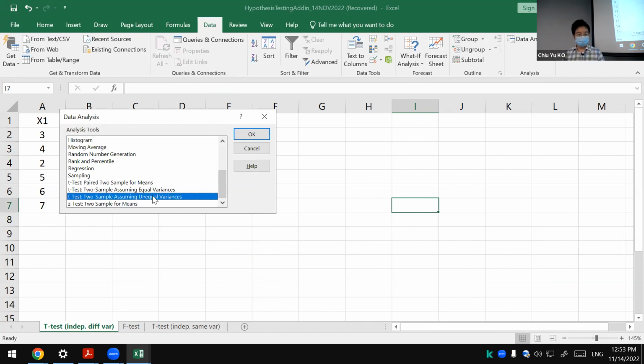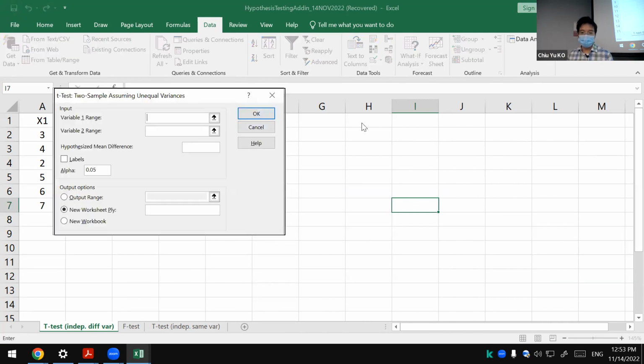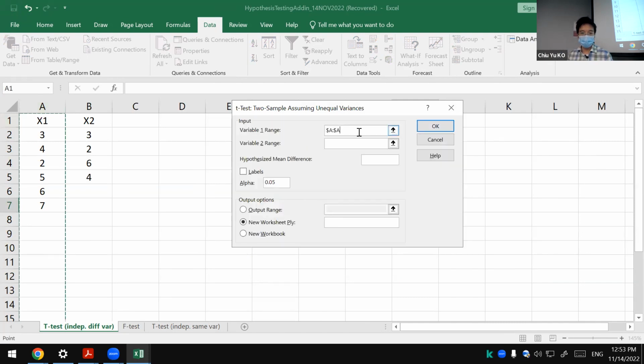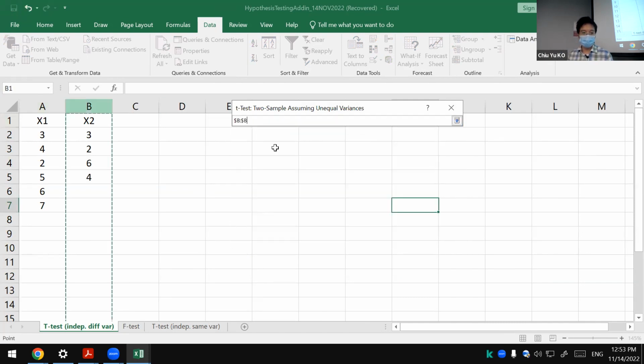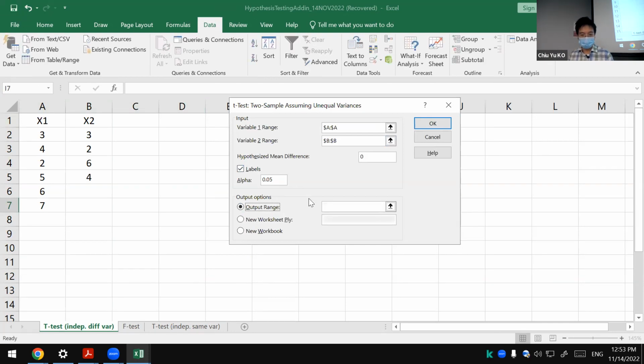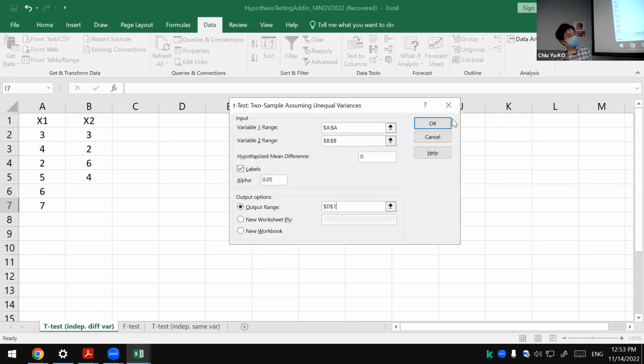So again, actually everything is the same: the first entry goes in column A, the second entry in column B, the hypothesized difference is 0, and for the output label I just put D2. Everything is the same as before. So I click OK.